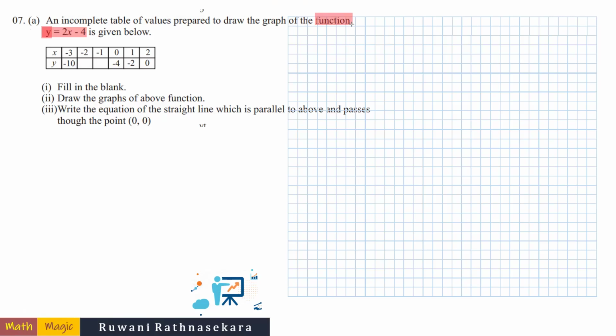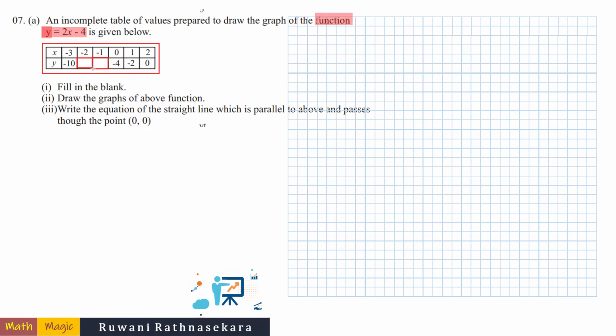Right? Therefore, when you draw a graph for a given equation, usually you get a table like this to fill, with some values of x to find what y is. Here they have not given what y is when x is minus 2 and when x is minus 1.